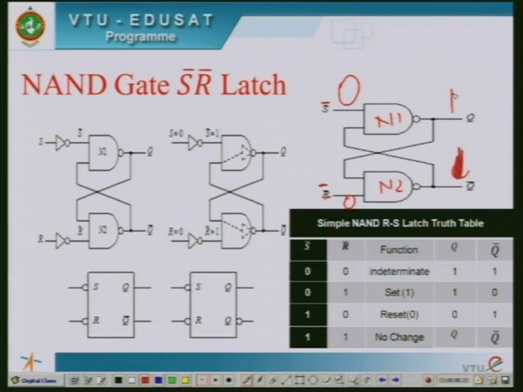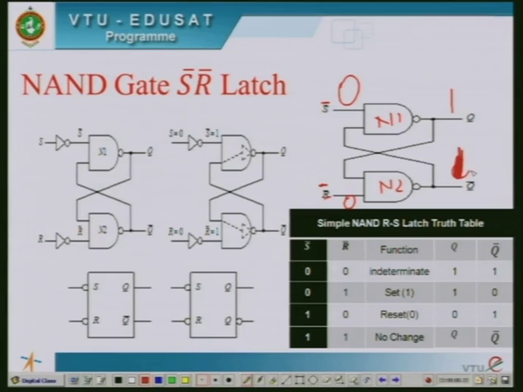So, now what is happening? Outputs of both the gates are logic high, which means they are not complements of each other. Ideally, what did we see in a bistable element? One output Q should be the complement of Q bar. If I have 1 at Q, I should have 0 at Q bar. We needed complemented outputs, but in this case, when both inputs are 0, where we are adding inputs to the bistable element using NAND gates, the outputs both become high.